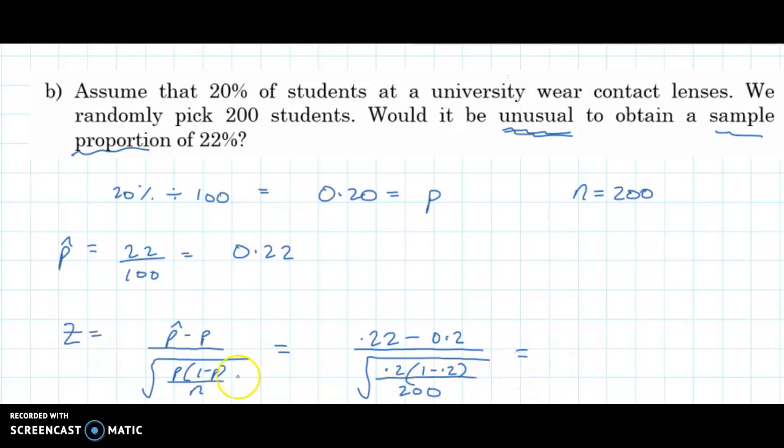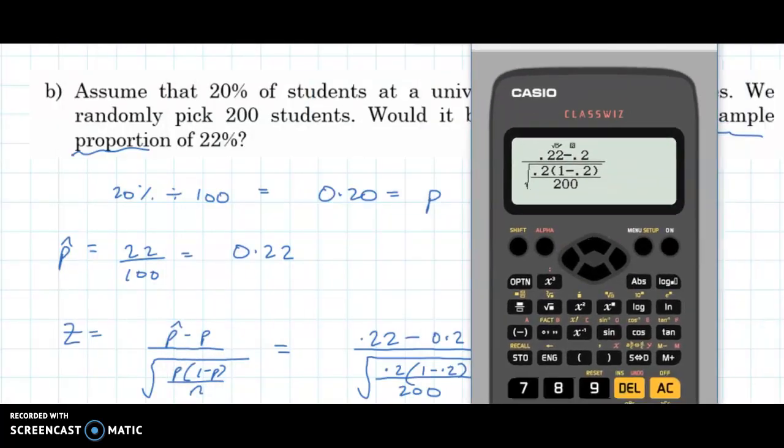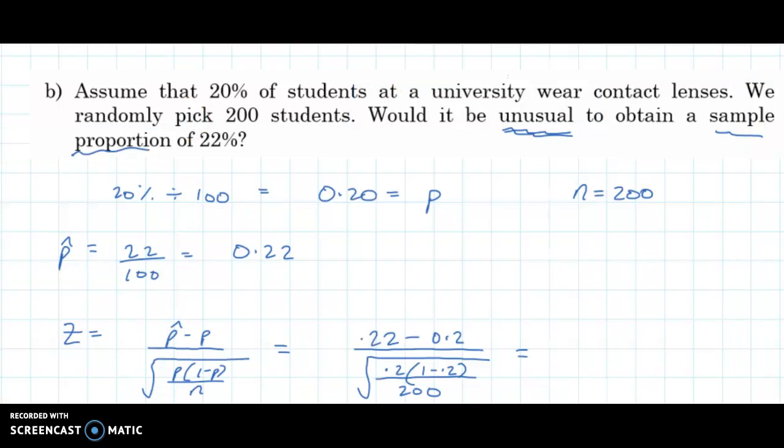So we're going to put this into the calculator. I have 0.22 minus 0.2 on top of the fraction. Below, I'm going to have a square root and a fraction inside the square root: 0.2, open a bracket, 1 minus 0.2, close bracket, and downstairs I put 200.